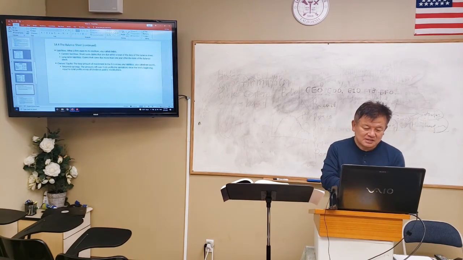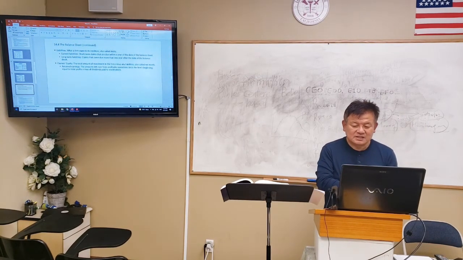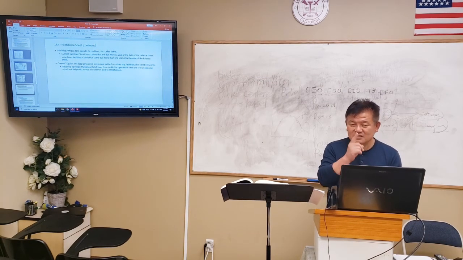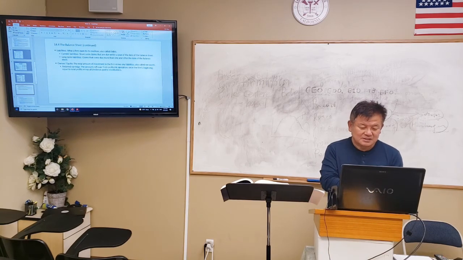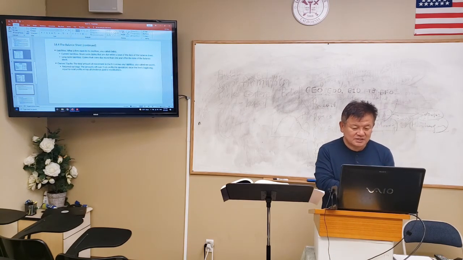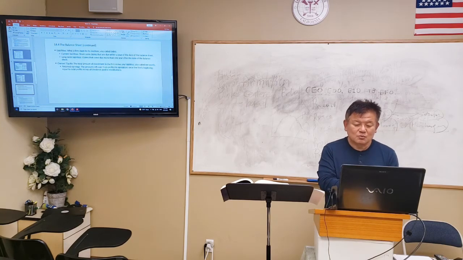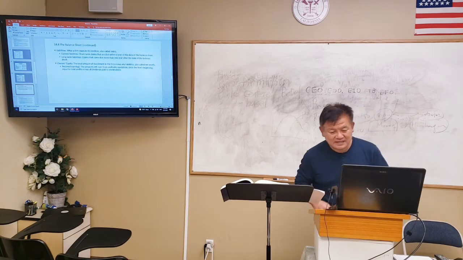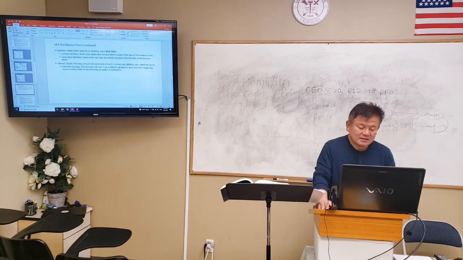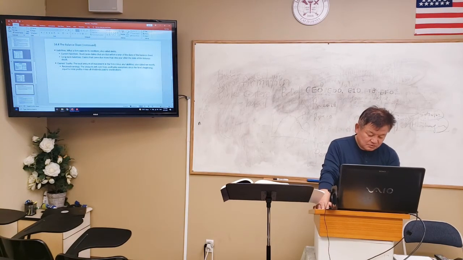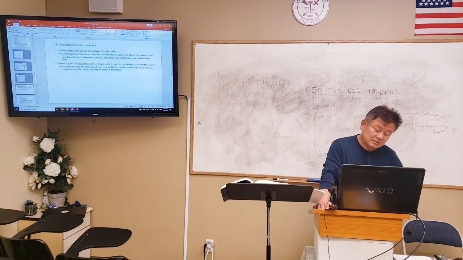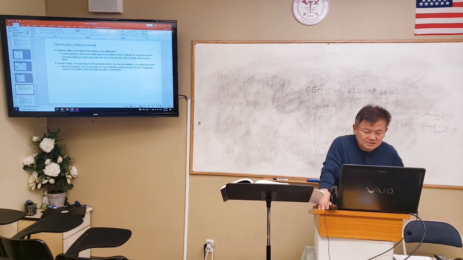Current liability is short-term claims that are due within a year of the date of the balance sheet. The long-term liability is a claim that comes due more than 1 year after the date of the balance sheet, such as 2 or 3 years, a long time.